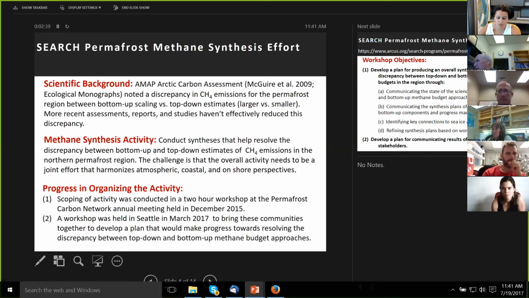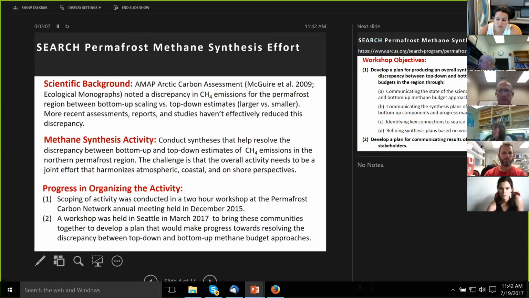More recent assessments, reports, and studies haven't really reduced this discrepancy, and it's still considered a discrepancy by the scientific community. So the methane synthesis effort being organized by SEARCH is to conduct syntheses that help resolve the discrepancy between the bottom-up and top-down estimates.